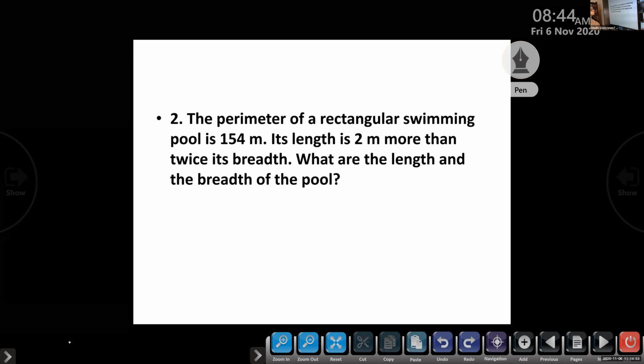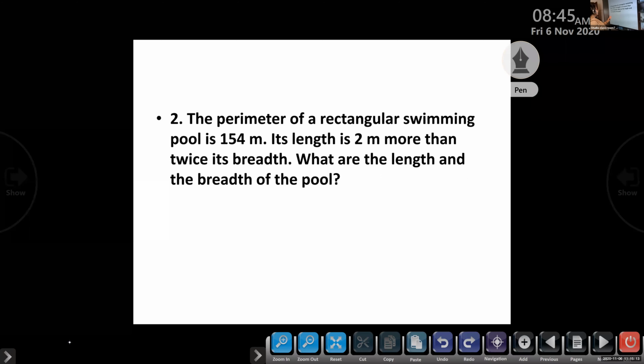Here in this question, what we will take as X? Length and breadth of the pool.